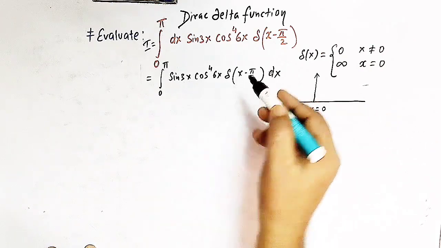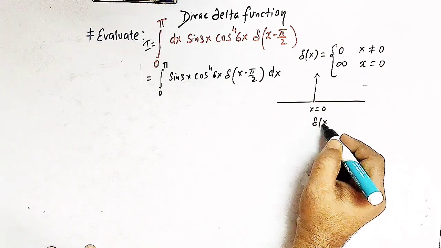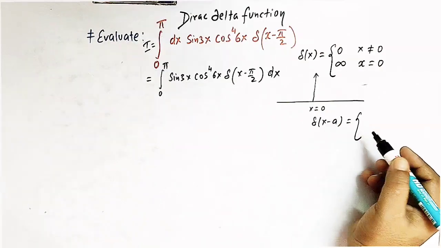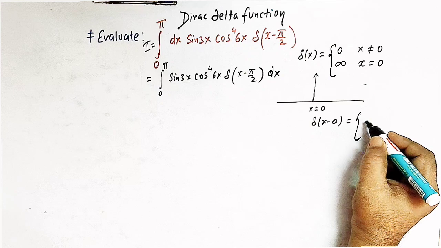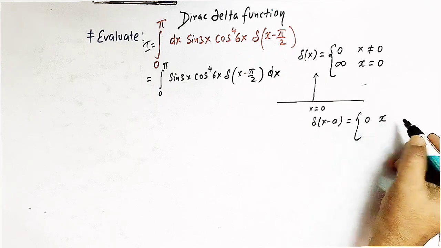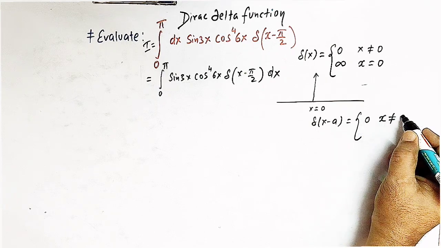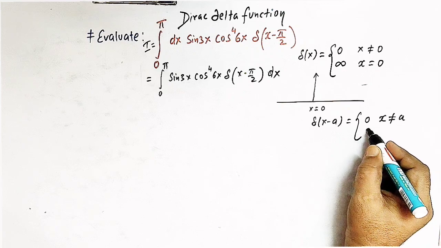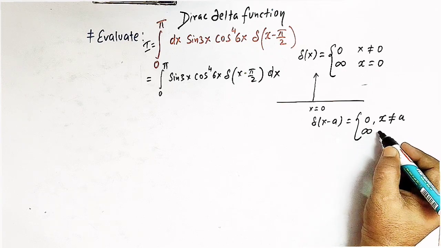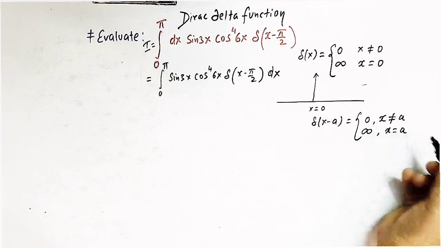So here if we define delta of x minus a, delta of x minus a is equal to 0 for x not equal to a, and delta of x minus a is infinite for x equal to a.